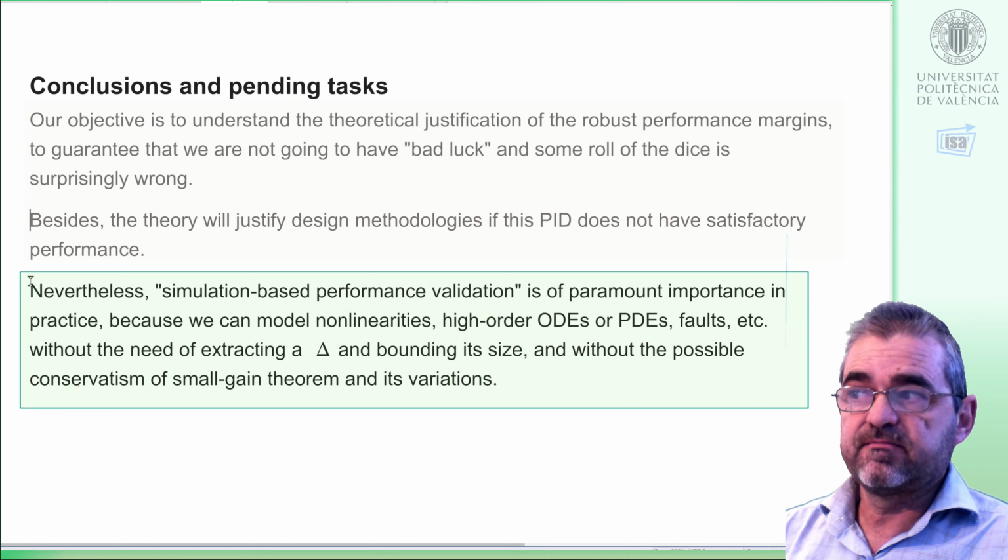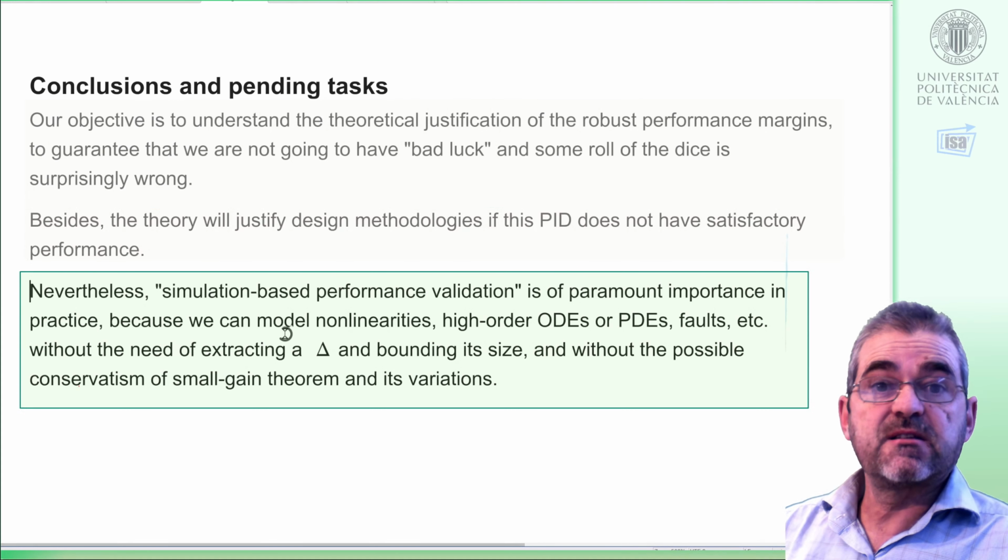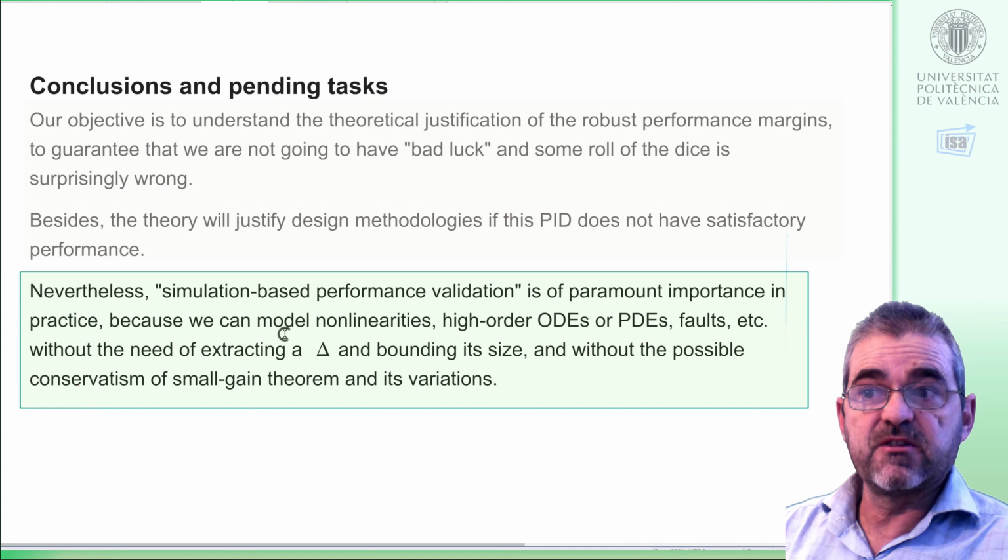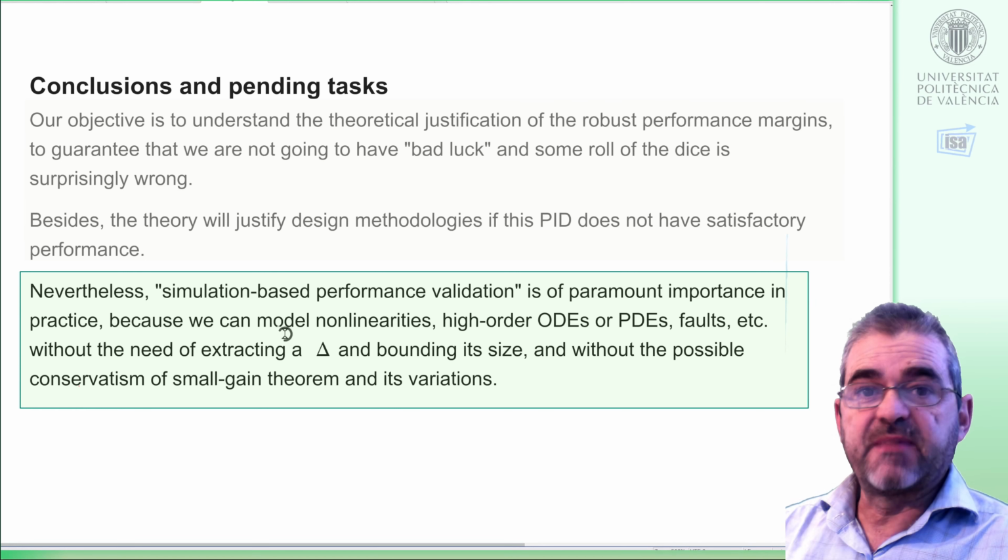But on the other hand, it's important to stress that simulation-based performance validation is of paramount importance in practice, because we usually can have complex models of a petrochemical plant with lots of nonlinearities, high order simulations, even finite element approximations of partial differential equations, fluid dynamics, etc.